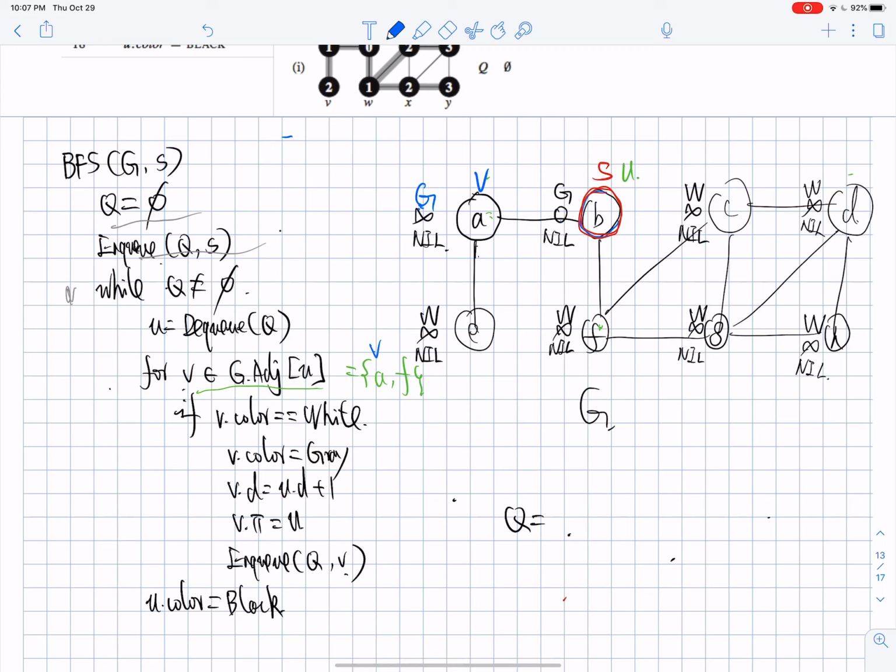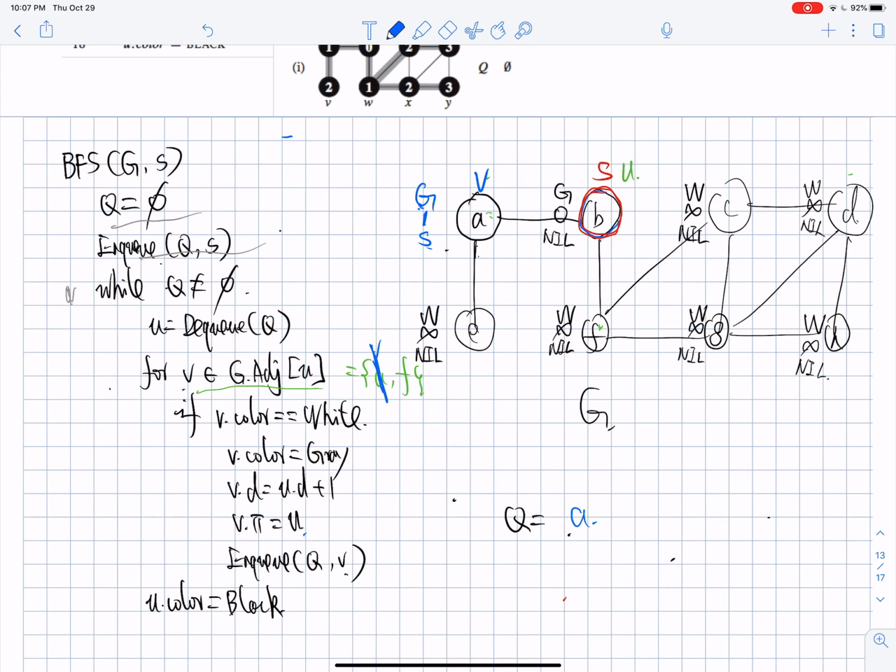We have u.d as 0, so u.d plus 1 is 1, and we set its distance as 1. And we set v.pi as u. u is the source, so we say its parent is just the source. Then we enqueue it. Sorry, this is not v, this is A. So we add this node into the queue.